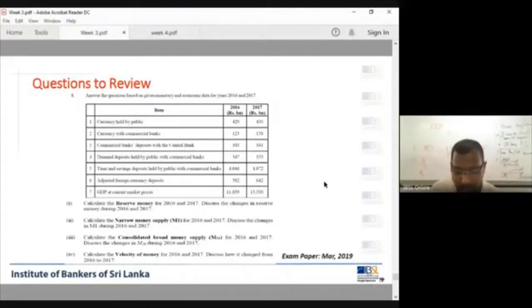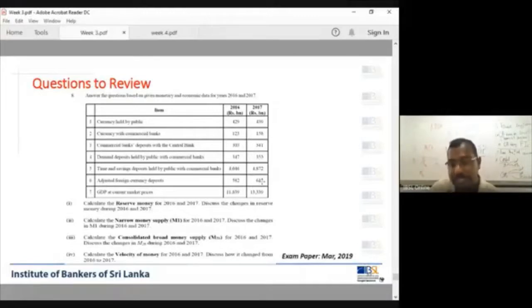We already have M1 calculated, 792, plus 4,872, which we identify from line 5, plus 642.